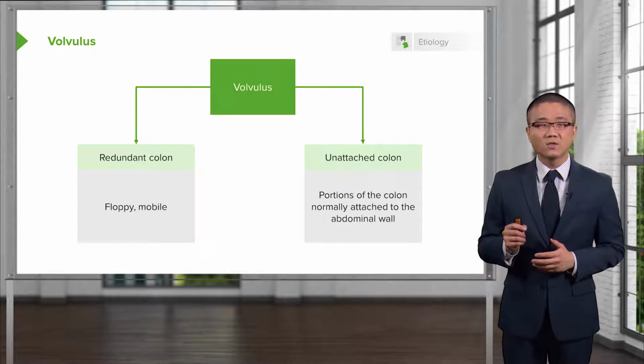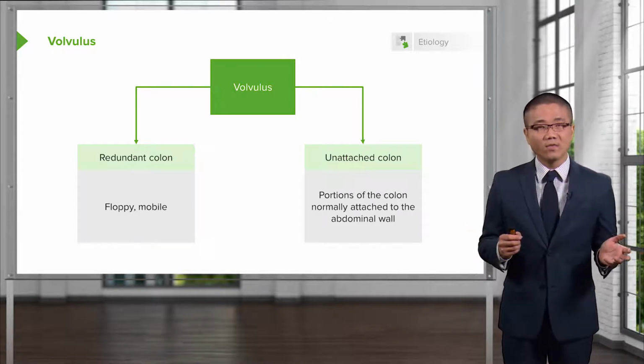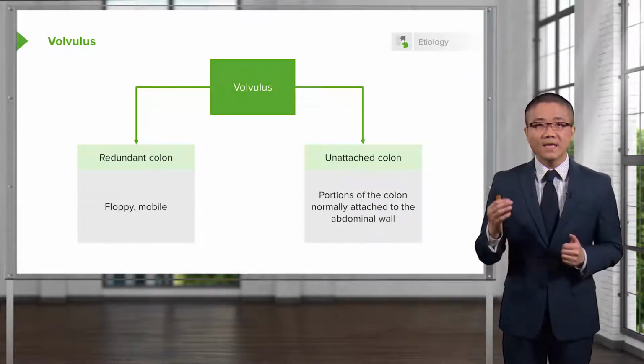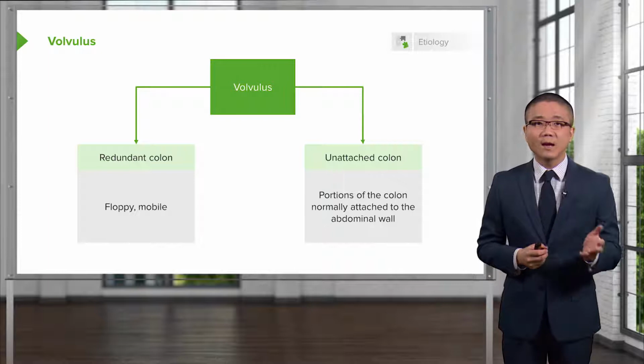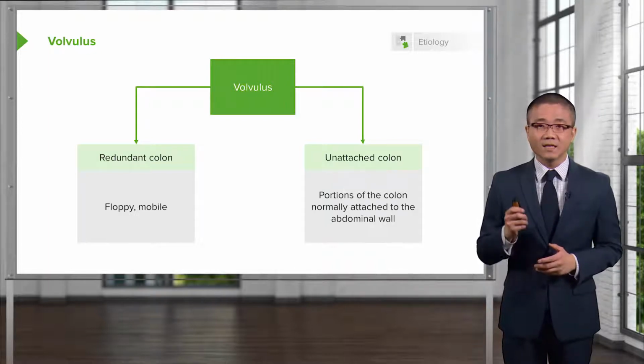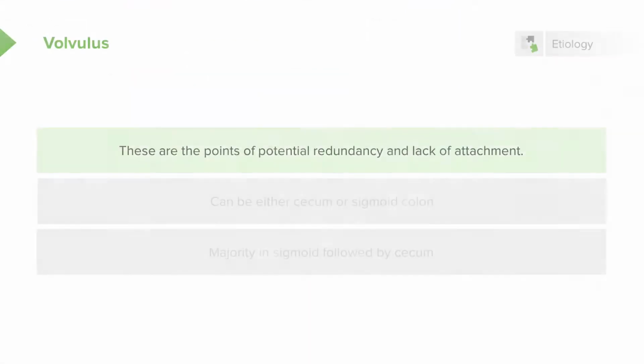In certain patients, whether it's the cecum or the sigmoid colon, these anatomic regions of attachment are not present or only partially present. And therefore, the combination of redundant colon and unattached portions of the colon is a setup for volvulus.